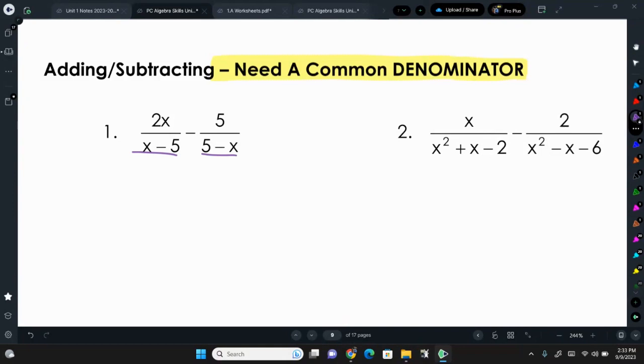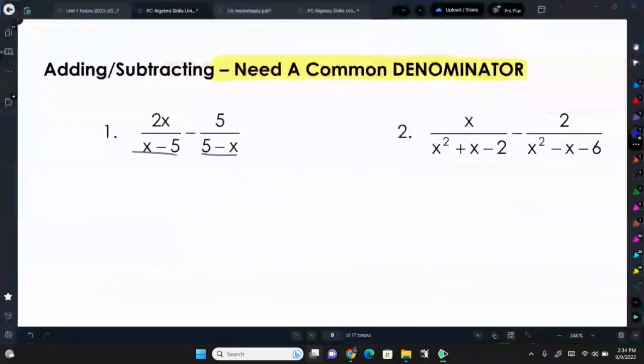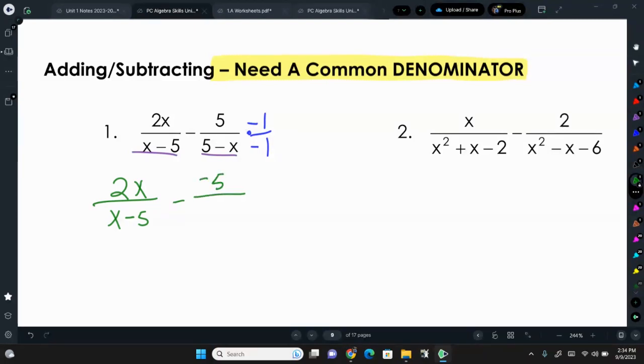One is x minus 5 and the other is 5 minus x. So in order to make them both the same, we can multiply this one by -1 over -1. And then that gives us 2x over x minus 5 minus -5 over, and this becomes -5 plus x.